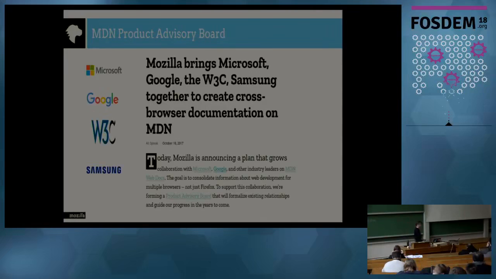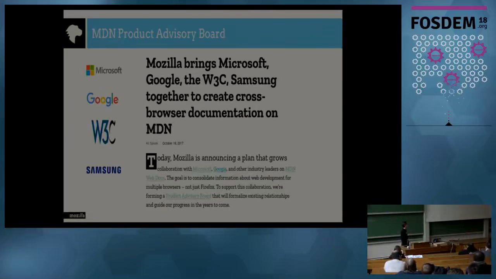The last one, for example: in October 2017, Mozilla reached out over the last year to a few other industry leaders, namely Microsoft, Google, the W3C, and Samsung. And they now form, together with us, the product advisory board for MDN.